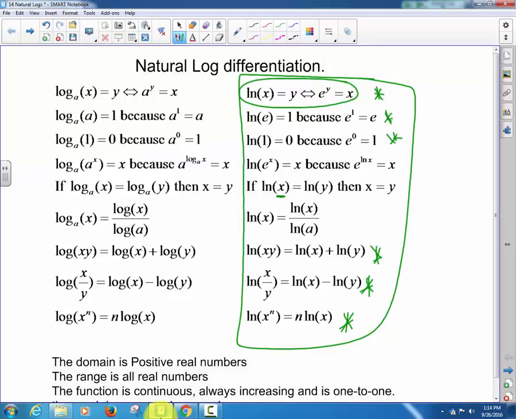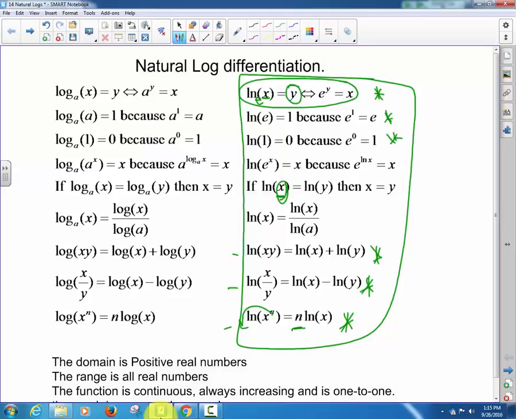Anything, any trig functions, anything inside a square root, I'm going to refer to that as the argument quite often. So the argument is inside here. So the definition says e to the power of y equals the argument x there. Do you remember these powers, specifically these last three, that if you're taking the natural log of two things that are being multiplied, you can split it up, the natural log of the first thing plus the natural log of the second, dividing and subtracting, and then the natural log of something to a power, you can bring that power down and make it into the coefficient in front of it.